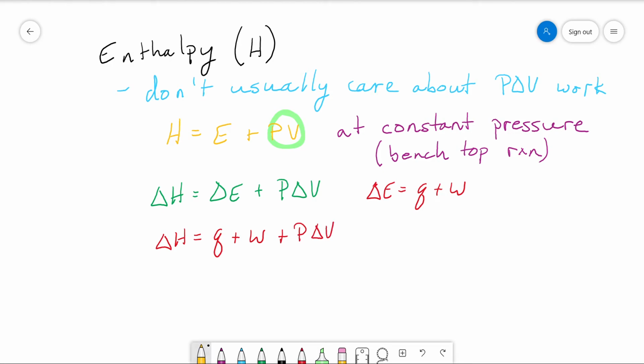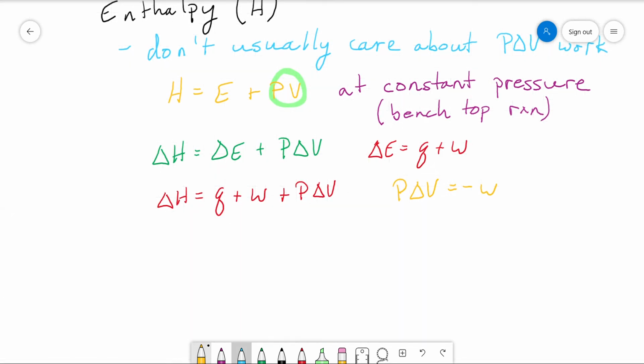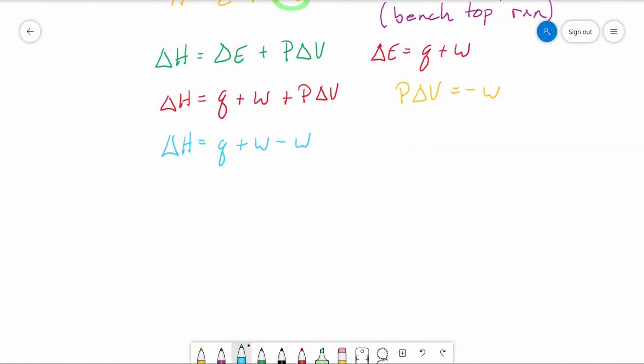And now we can also say that P delta V is equal to negative work, because work is negative P delta V. Make that substitution, we get delta H is equal to Q plus work minus work. So obviously that just means that the work goes away.